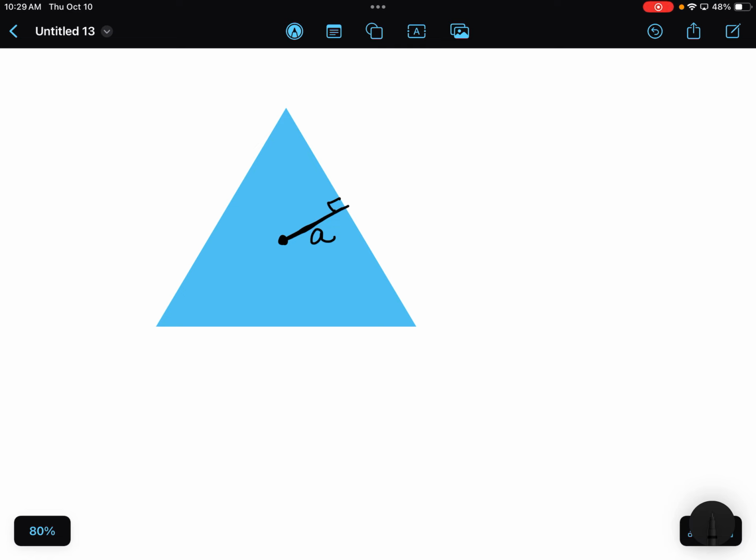Jana, give me a number. 4? Jean, give me a number that's bigger than 4. 9? Okay. So this is my problem. It's going to look like this. First of all, how big is the apothem? 4. Times. How many sides does this triangle have? 3.